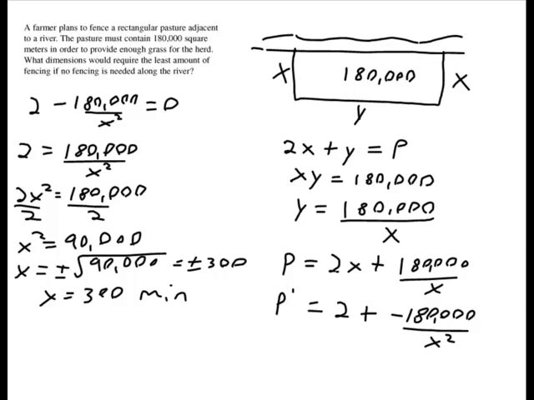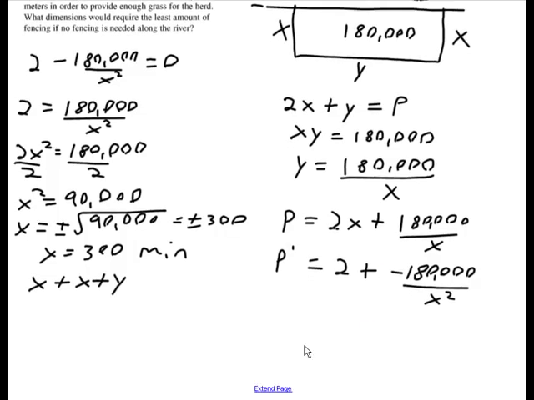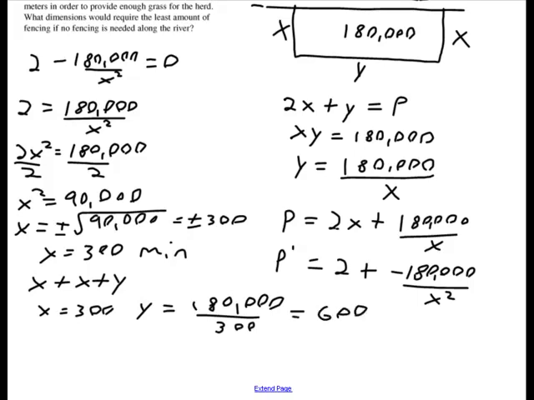If that's the case, how much fencing will we need? Well, we're going to need 2x plus y, right? That's our perimeter. Well, we said x is 300 and y is 180,000 over x, which is 300, and we simplify that to being 600.